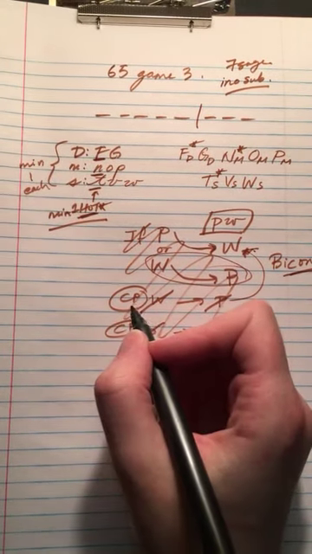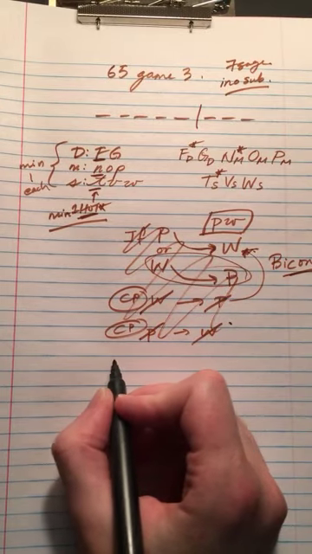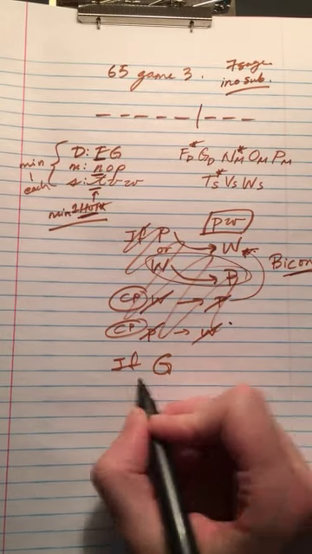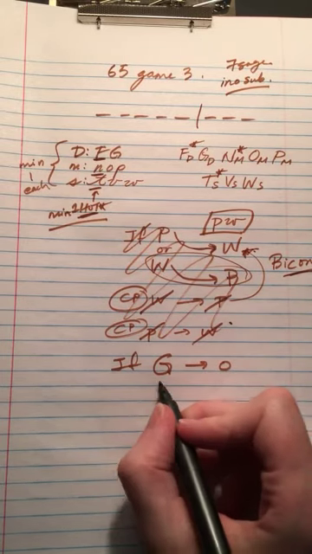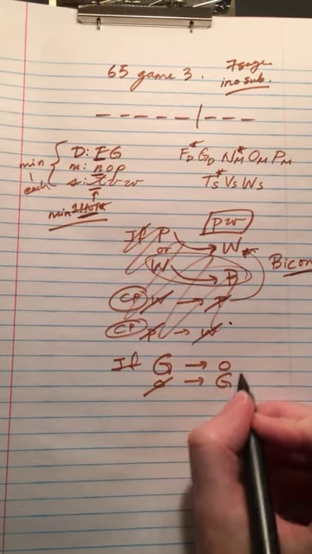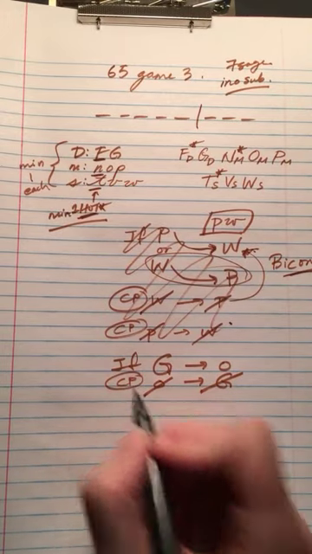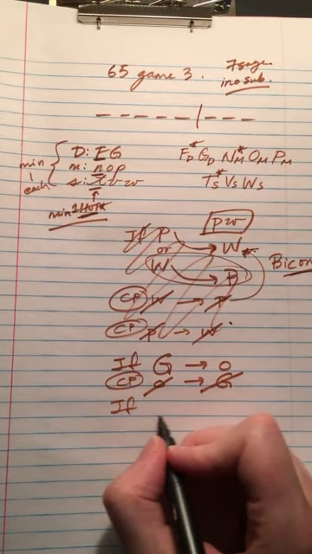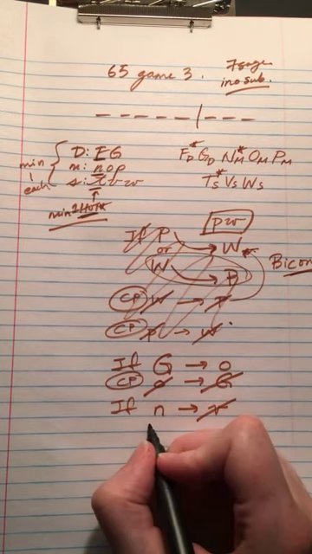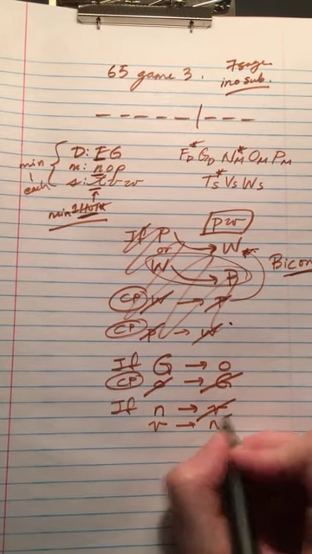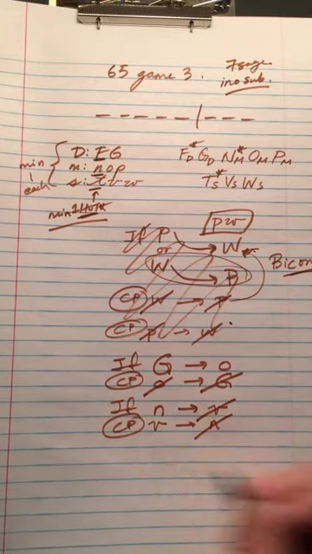So the next rule, rule 4, if G is selected, then O must be selected. So if O is not selected, G is not selected. If N is selected, then V cannot be selected. And if V is selected, N cannot be selected.